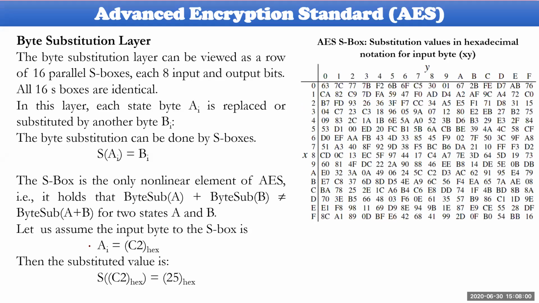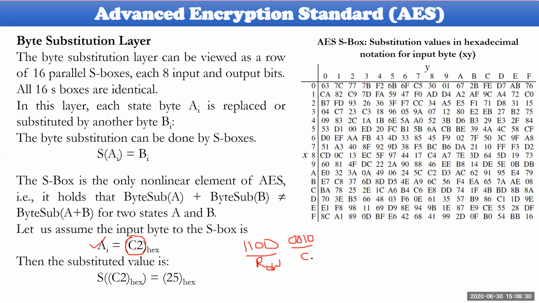As per our convention in AES, A is the plain text and C is the cipher text. In the plain text, C2 is the input; C is represented as 1100 and 2 is represented as 0010. One is considered the row and the other the column.